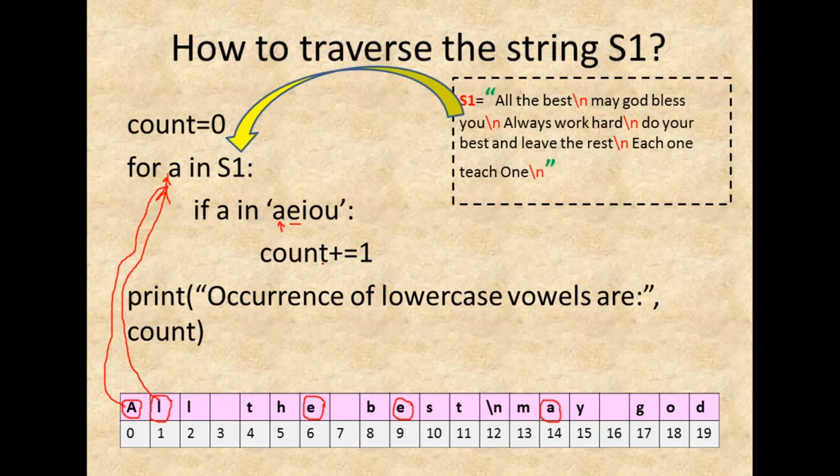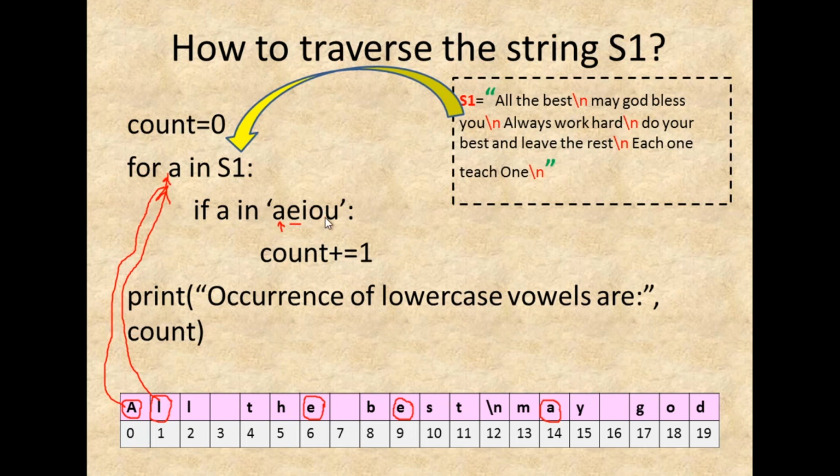So like this, the loop will continue, and it will go till the end of the string. So every time it finds a small case vowel, any of these vowels, it will increase the count. So this is how the complete string will be traversed. This is one of the methods.